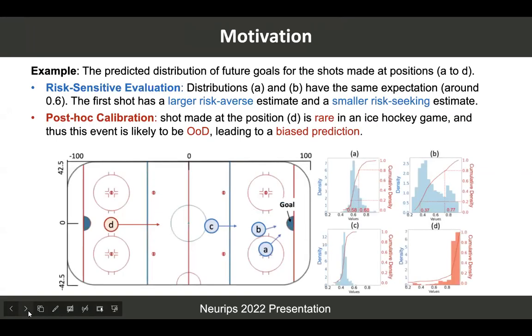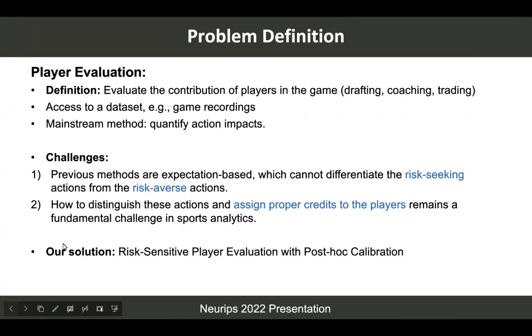Here I give a motivating... Can I ask you a stupid question? Yeah. Just to clarify that I understand it: the goal is basically to have some risk-averse reinforcement learning, right? So you want to learn some calibrated distribution over the credits that are assigned to each player, right?